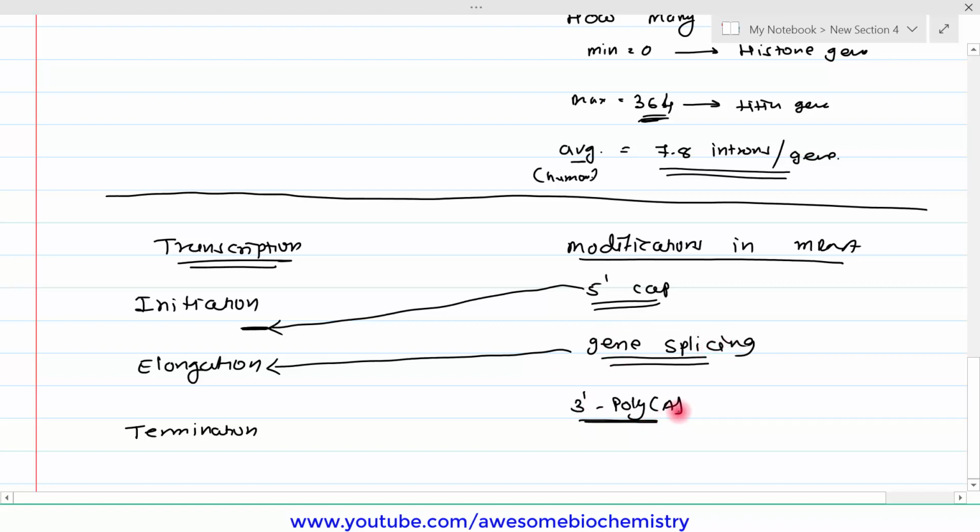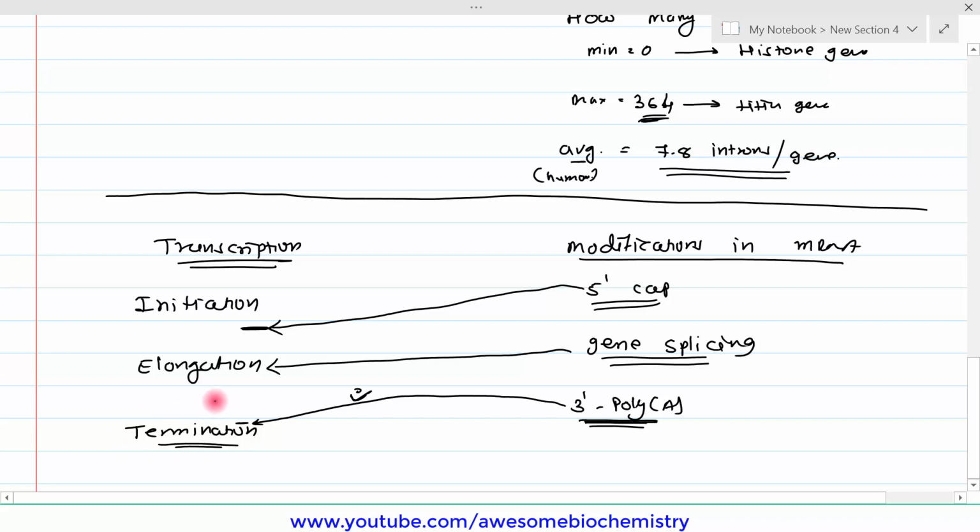When does the 3' poly A tail formation occur? By intuition, it seems that it could occur after termination. But it is not the case. The 3' poly A tail occurs just before termination. Actually, on one side termination is going on, and on the other side poly A tail formation occurs. Now this is very hard to believe. We might think that the 3' poly A tail can be added once the 3' end of the mRNA is formed, and the 3' end of the mRNA is formed only when termination occurs.